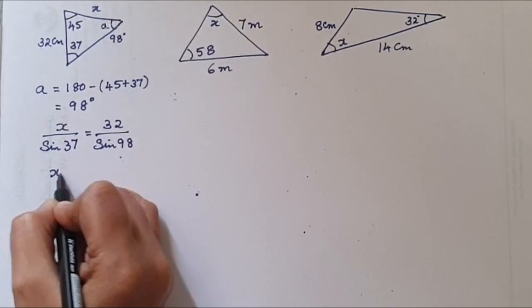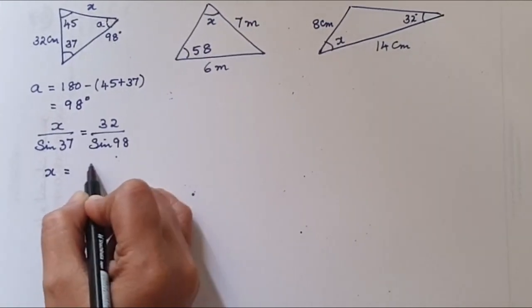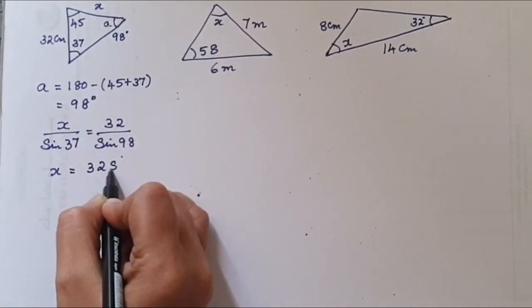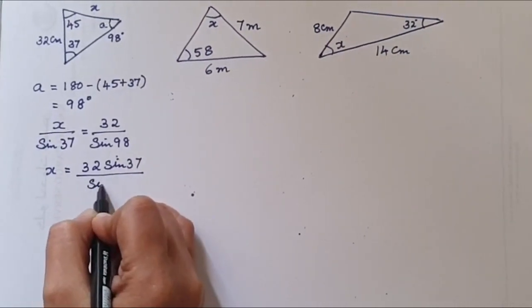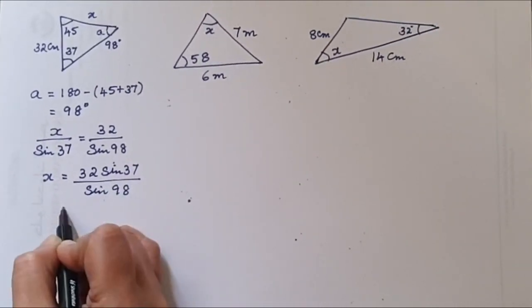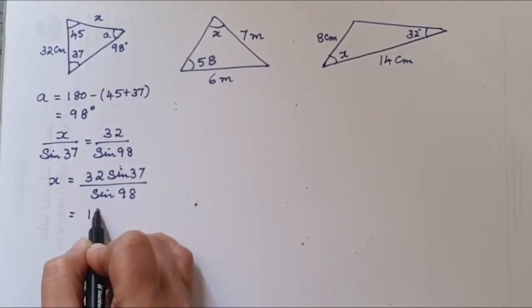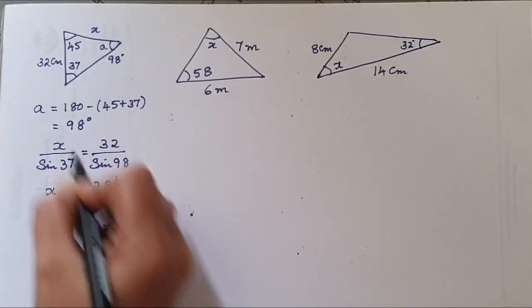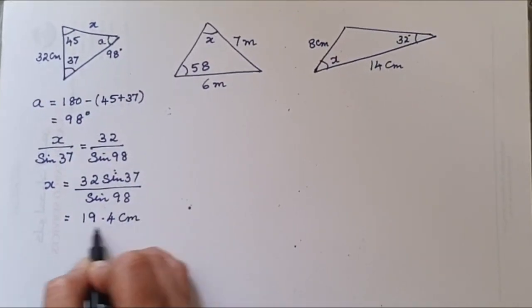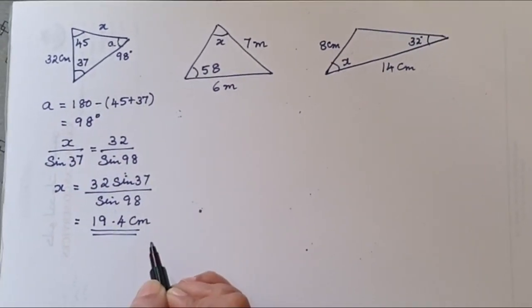Now when you cross multiply, x will be equal to 32 sine 37 divided by sine 98, which gives us the answer as 19.4, and the unit is centimeter. Write the unit as 19.4 centimeter.